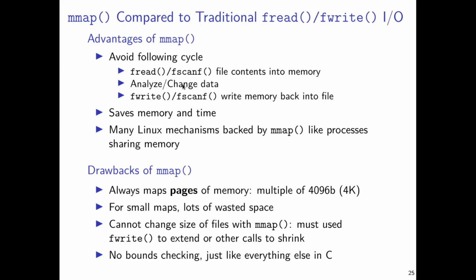There's a lot of coordination associated with this, a lot of intermediate space that's avoided through mmap, and so generally it's advantageous to make use of mmap in a lot of I/O settings.